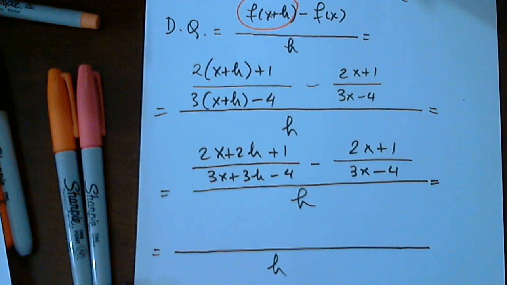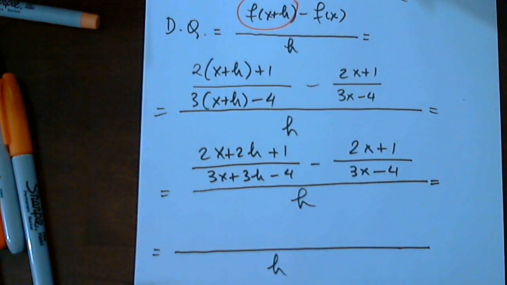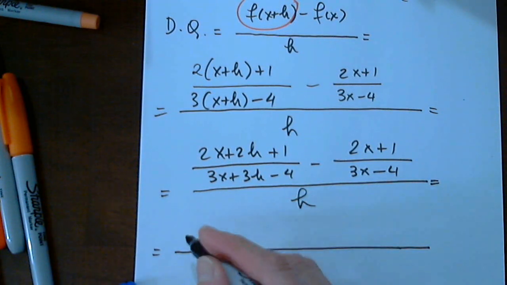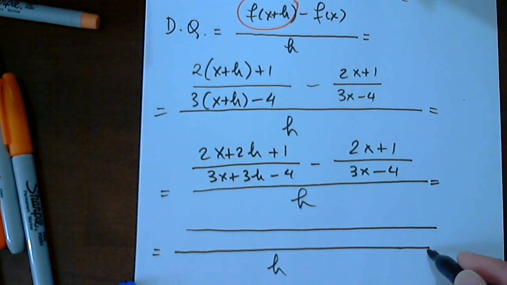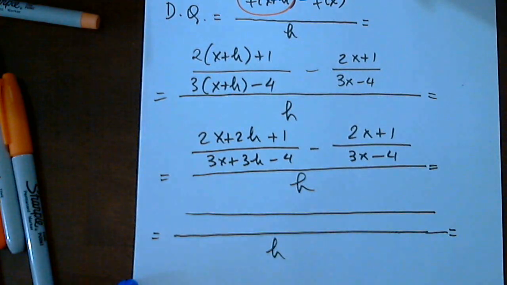Can anyone tell us what is the next step? Please help. Would we make the denominator and the numerator the same? Wouldn't we just multiply 3x minus 4 to the left side? So you mean finding the least common denominator? Correct. Perfect. What is it? Can anyone give us the least common denominator here?